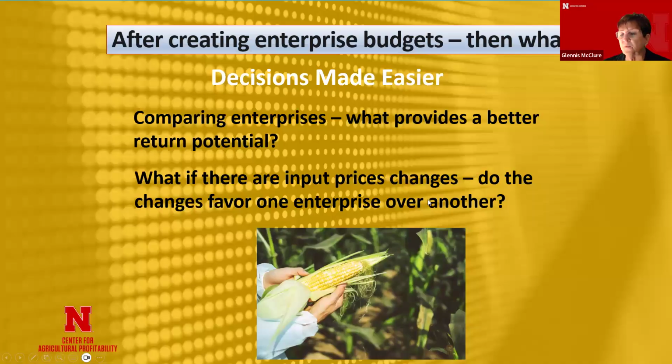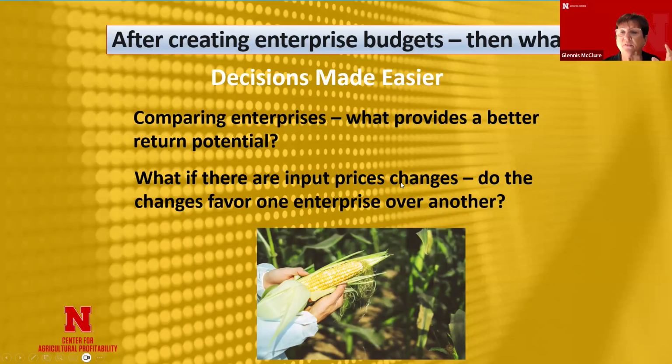And then this we can compare enterprises too. If we've got some of our budgets in, let's say we've got soybeans and corn, and we even have some wheat, or we have some sorghum, we can take a look at what those costs are on each of those enterprises and do some comparisons. And we've got that built into the program.